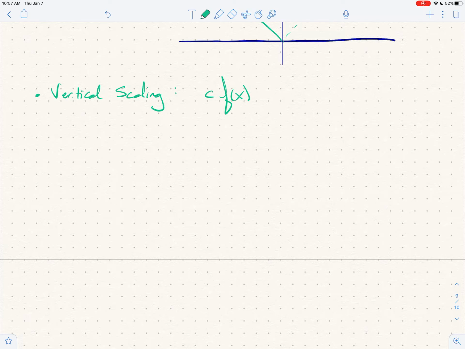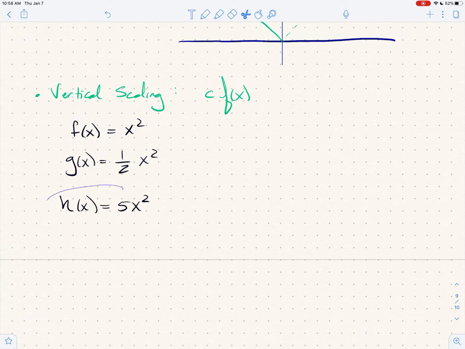And so here's the idea. Let's just actually do an example of this just to see it. If I have f of x equals x squared, and I have, let's say, g of x equals 1/2 x squared, and I have h of x equals, let's say, 5x squared.